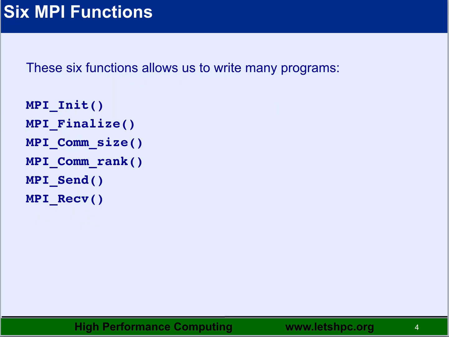So the first six important MPI functions: the first one is MPI_Init, then MPI_Finalize, then MPI_Comm_size, and so on. We'll discuss these things in detail, along with send and receive. Let us first look into MPI_Init and Finalize.